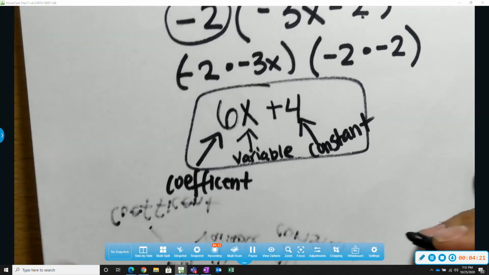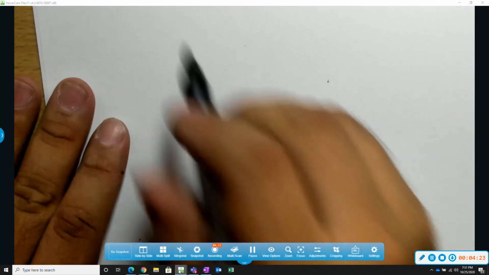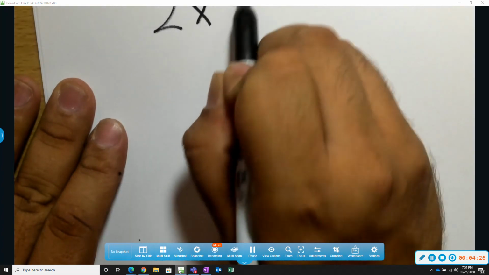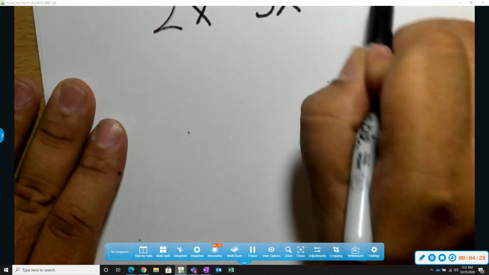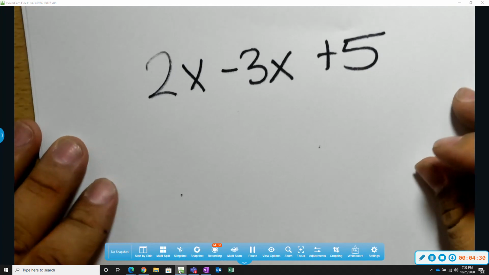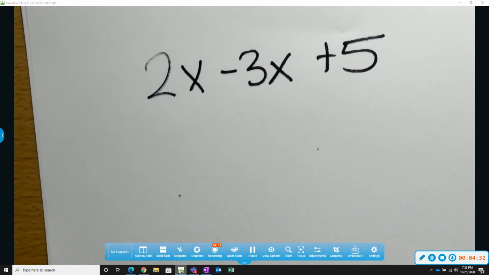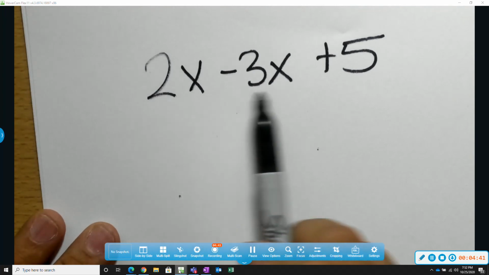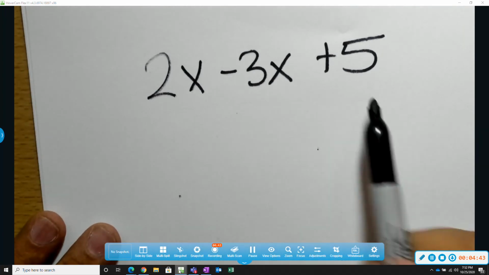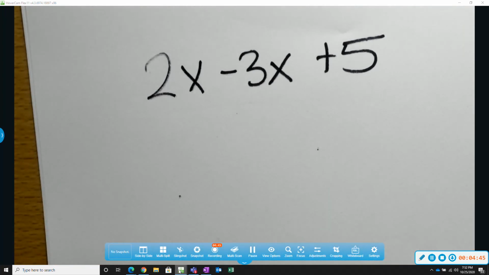Okay. Let's look at a couple more examples. I have 2x minus 3x plus 5. Again, there's no parentheses, so then I can move straight to exponents. There's no exponents, so I can move straight next to multiplication or division. And here there's no multiplication or division, so then I move to addition or subtraction.